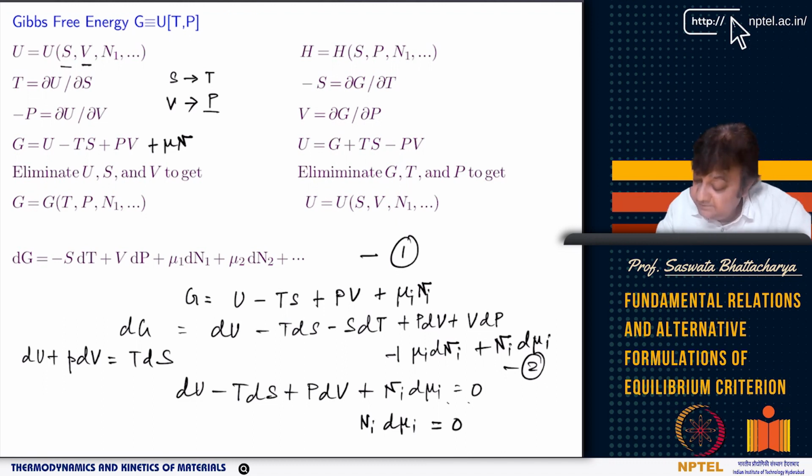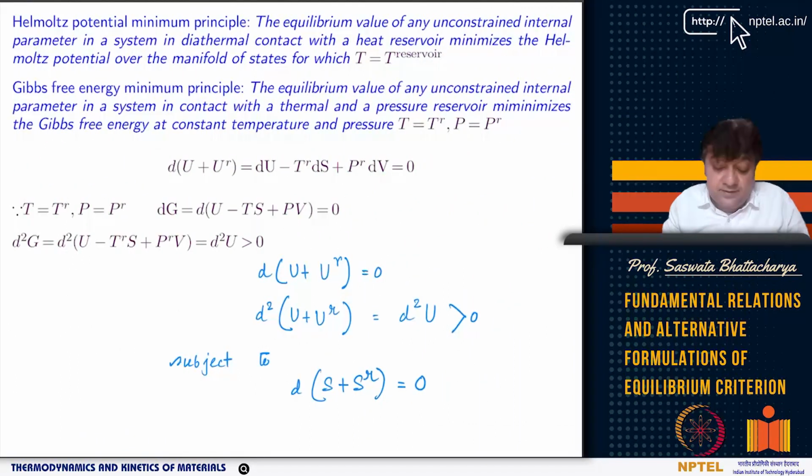That is the Gibbs-Duhem relation. So we have done this Gibbs-Duhem relation. Here again you can see that we get back the Gibbs-Duhem relation, ni d mu i equal to 0, from the definition of G.